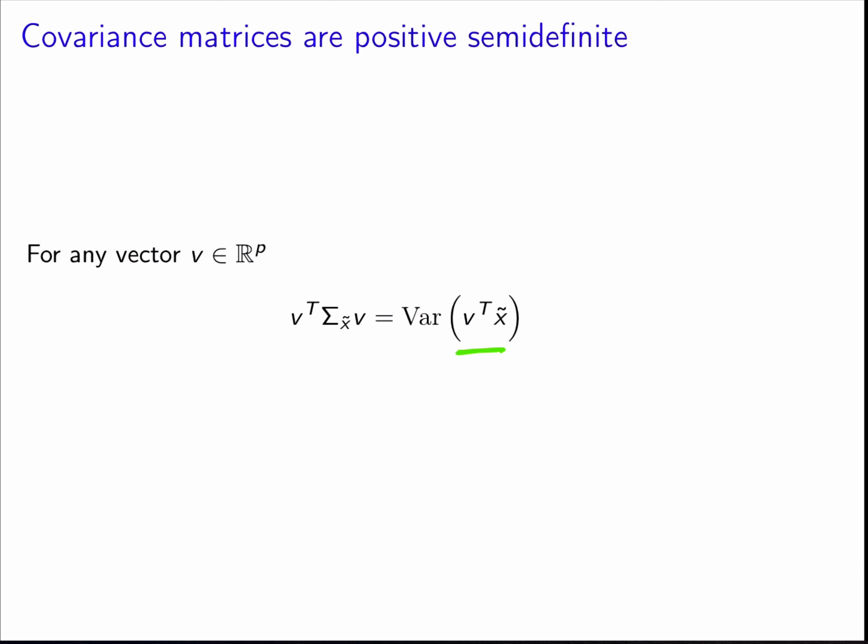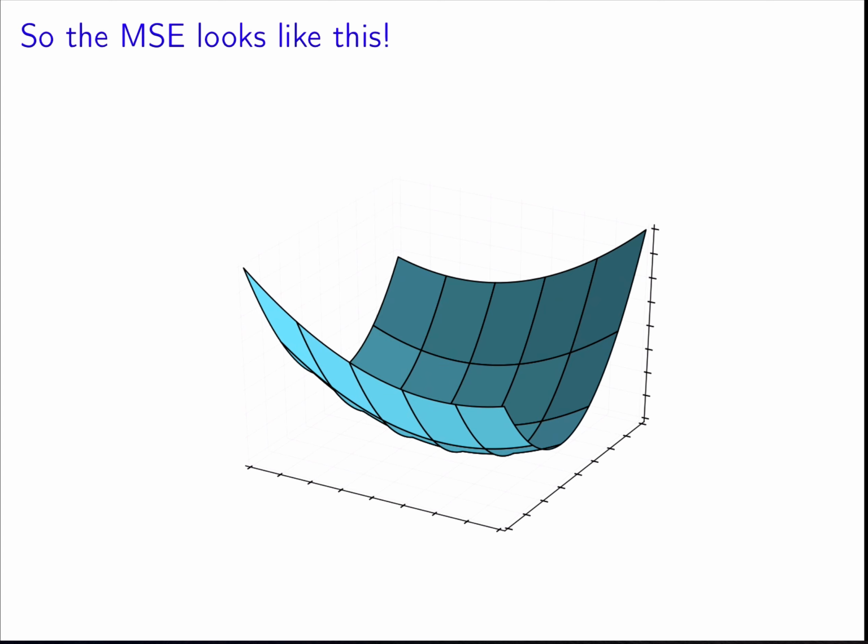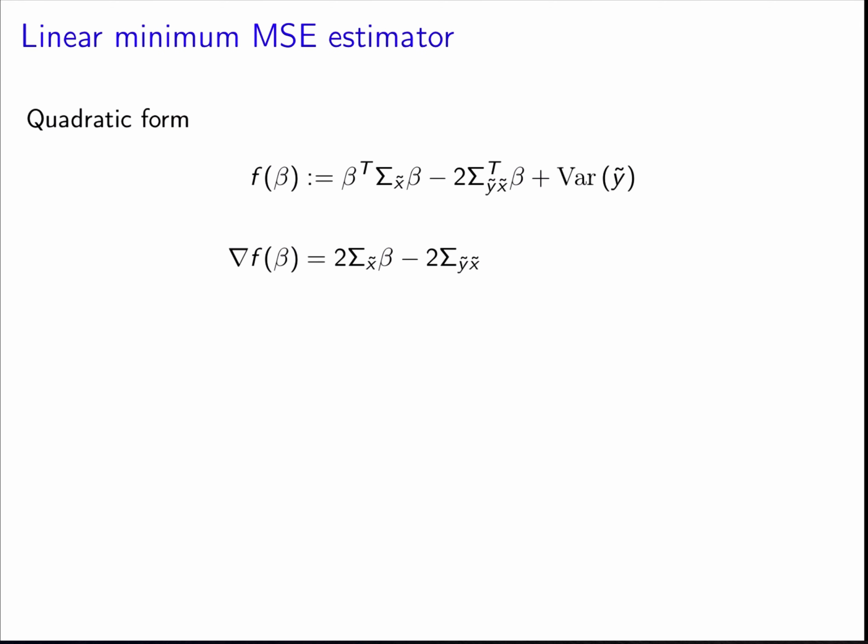In particular, if the covariance matrix is full rank, this is going to be strictly positive, because there's no zero variance in any direction. So basically, we have shown that if the covariance matrix of the features is full rank, then this quadratic form looks like this, and at the bottom of this bowl is beta prime, which can be obtained by setting the gradient to 0.